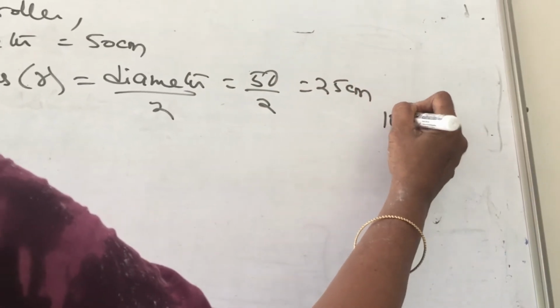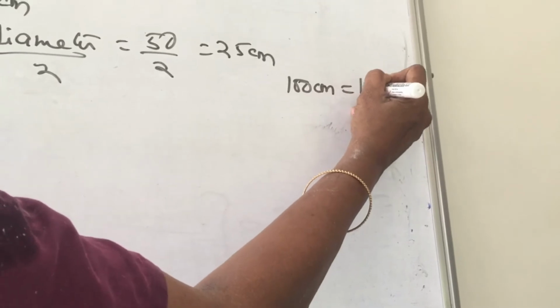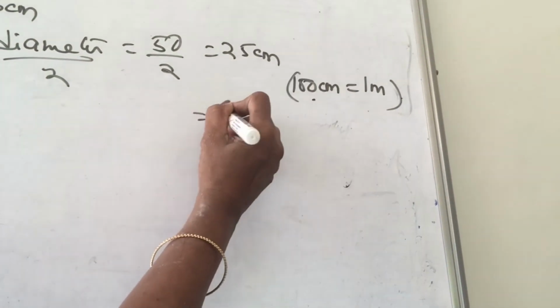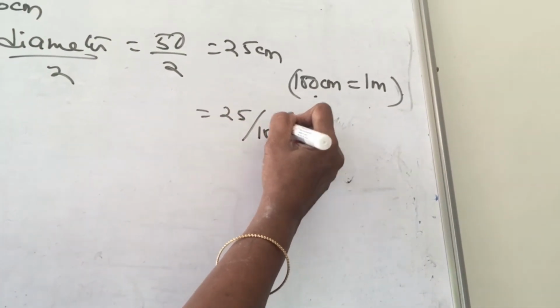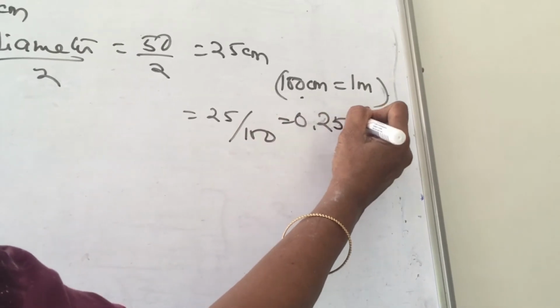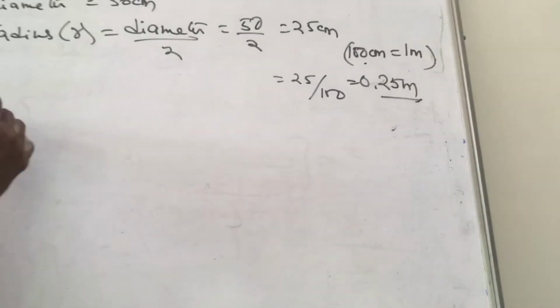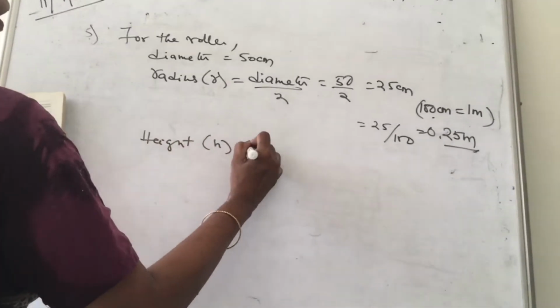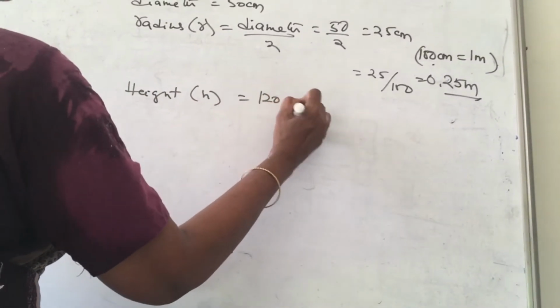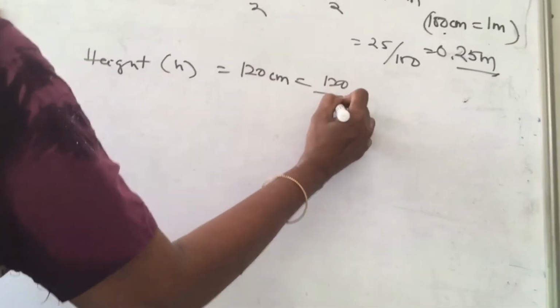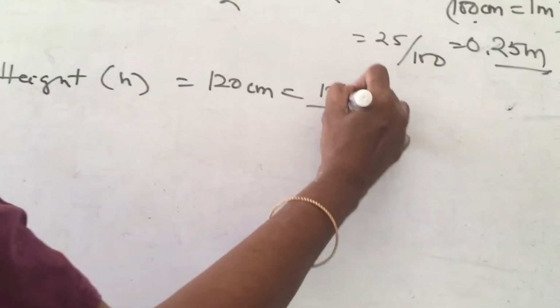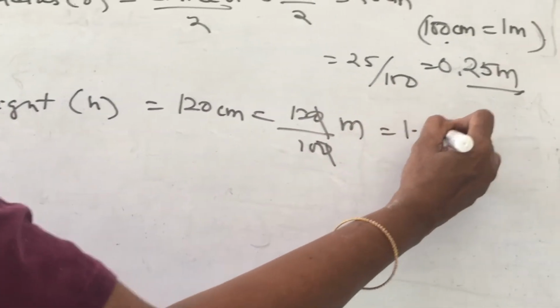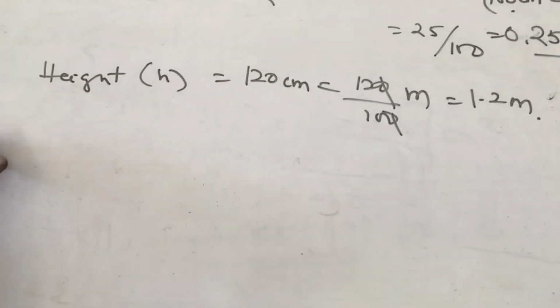They already told you to find in meters, children. 100 centimeters is 1 meter. 25 by 100 is equal to 0.25 meters. Height H is how much, children? 120 centimeters. Divide by 100 to convert to meters. 0 gets cancelled. 1.2 meters.